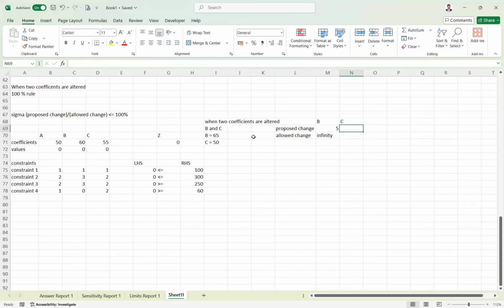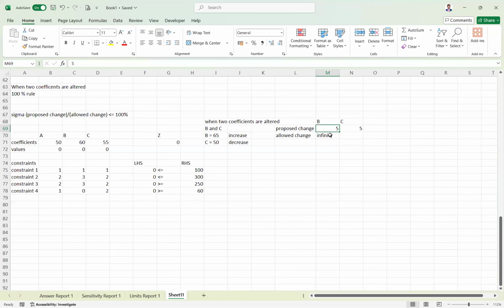For C, what am I doing? B is increasing, C is decreasing. So C is decreased by 5 units. Proposed change and allowed change are units of change, not the range, not the value. See, B is 65, but the change is 5 units.